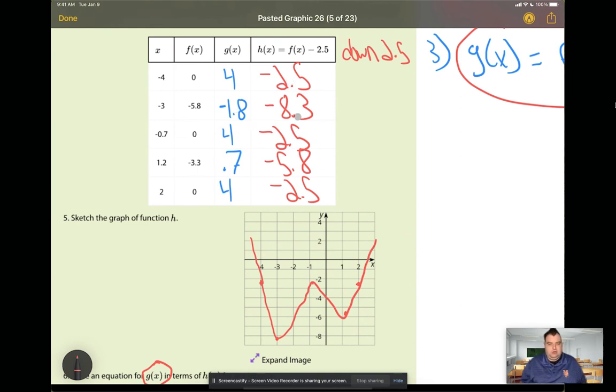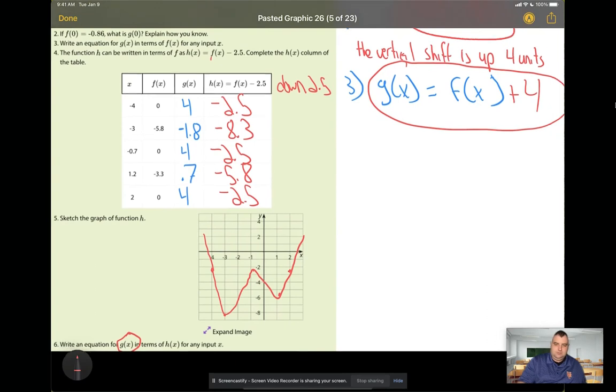So from g to h, I'm actually going down 6.5. Let me double check with my calculator. 4 minus 6.5 is equal to -2.5. And for this one, -1.8 minus 6.5 is -8.3.